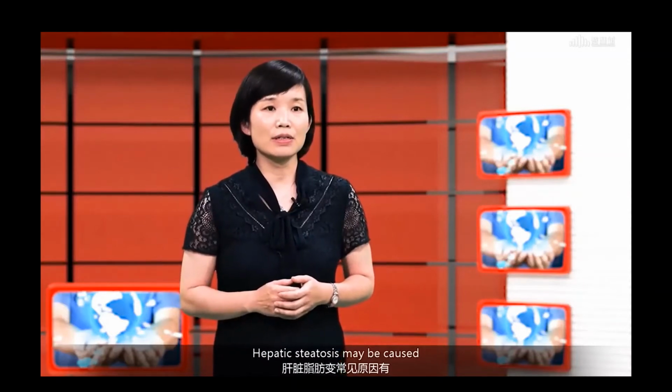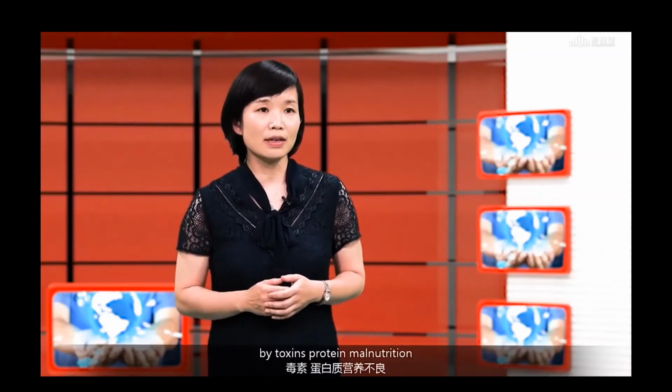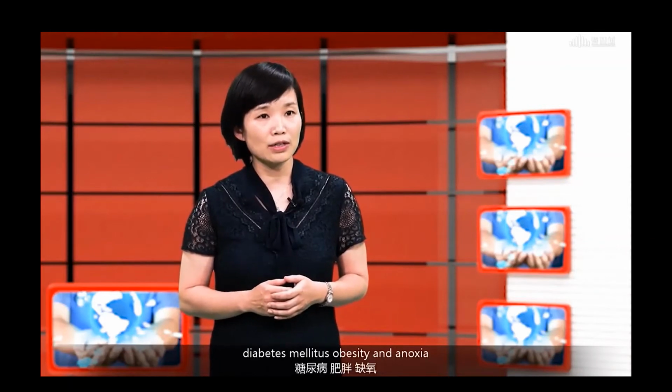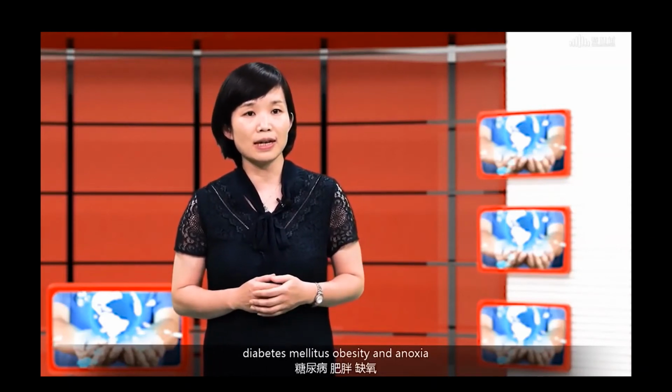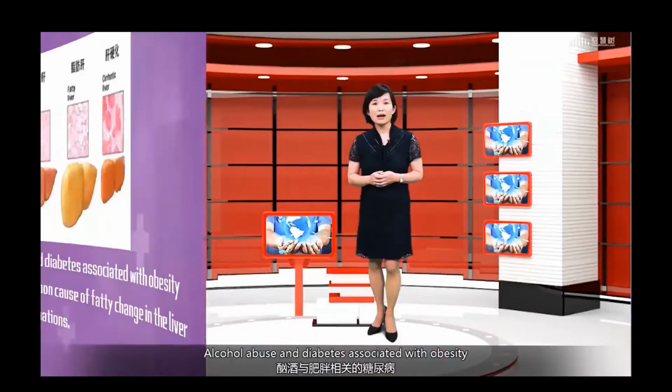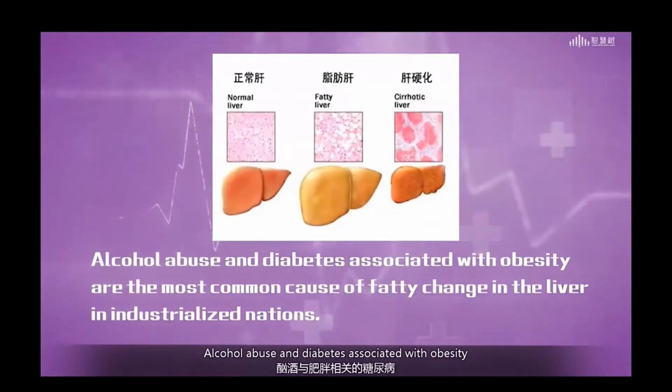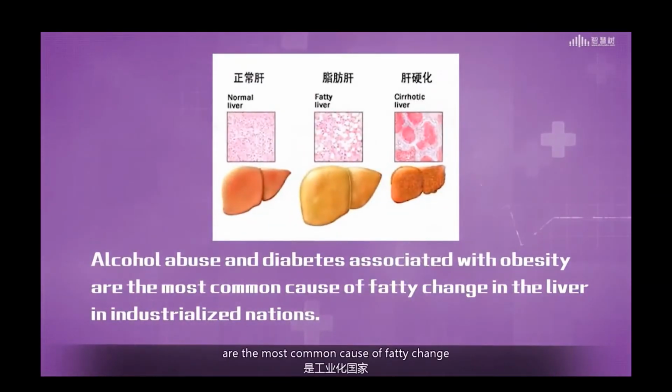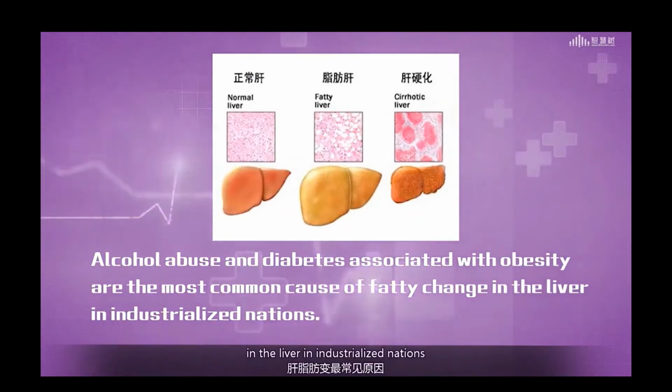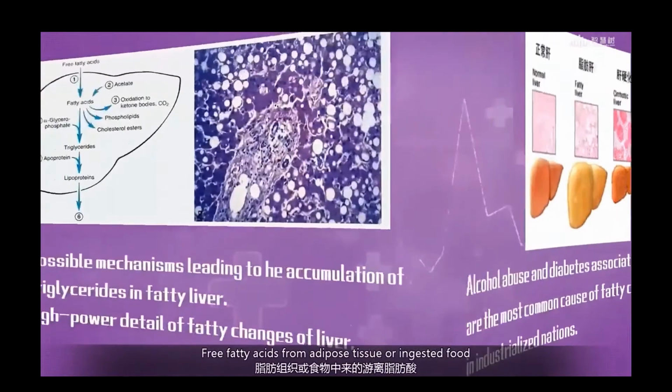Hepatic steatosis may be caused by toxins, protein malnutrition, diabetes mellitus, obesity, and anoxia. Alcohol abuse and diabetes with obesity are the most common causes of fatty change in the liver in industrialized nations.